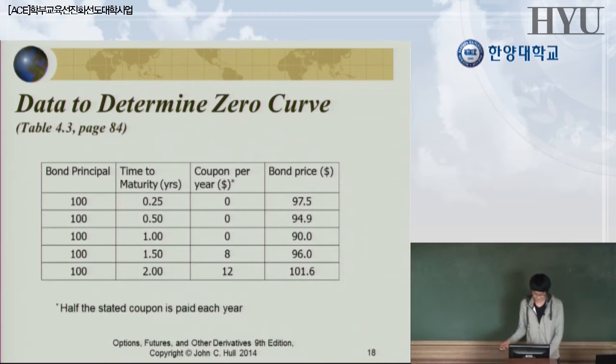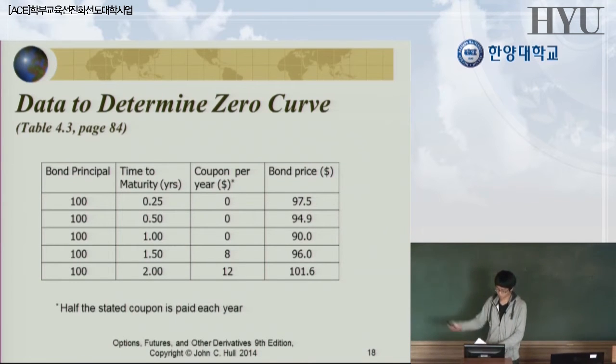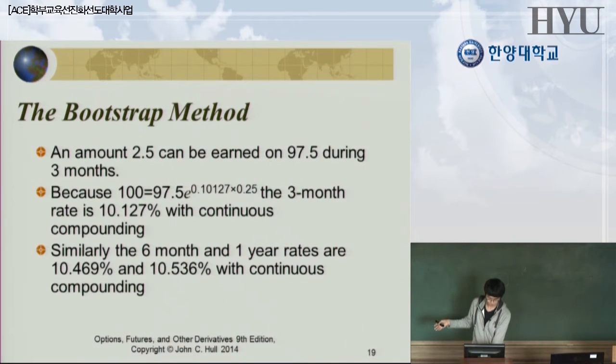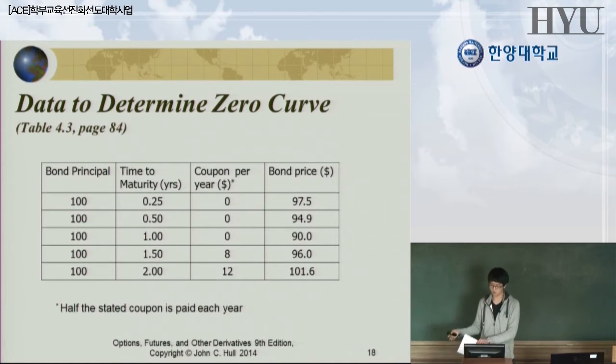Okay, so this is about maturity and bond price. For the first one, there is no cash flow before the maturity, so we can easily calculate the bond price. So we earned 2.5 at maturity, 0.2 at 3 months.